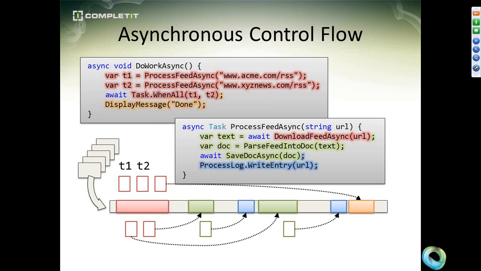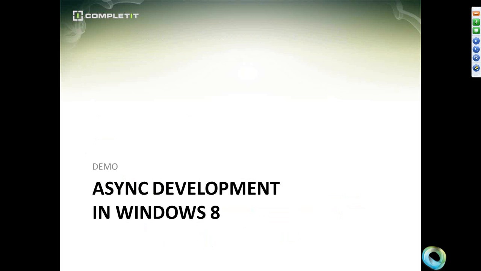If we would have to do this in a traditional way of working, with callbacks, it would work, but it would be very messy to actually get this right. This one is very clean. It is, in fact, nothing more than some compiler sugar, but it's behind the scenes. There's much more going on. It helps us to read much cleaner code. It helps us to write asynchronous code in a synchronous manner.